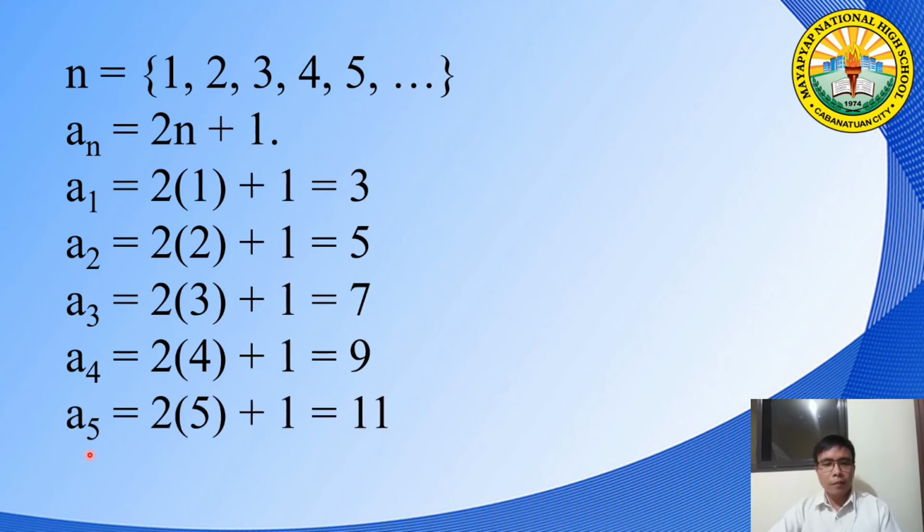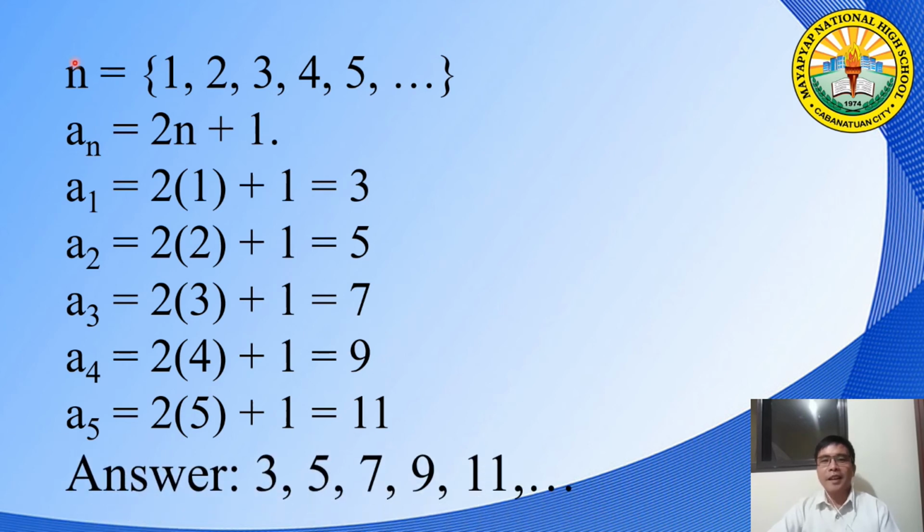Using 5, a sub 5 equals 2 times 5 plus 1. 2 times 5 is 10 plus 1, 11, and so on. Did you get it? Amazing! It's done!